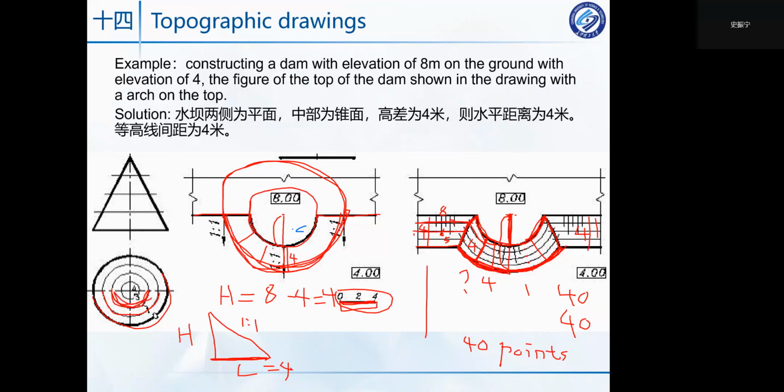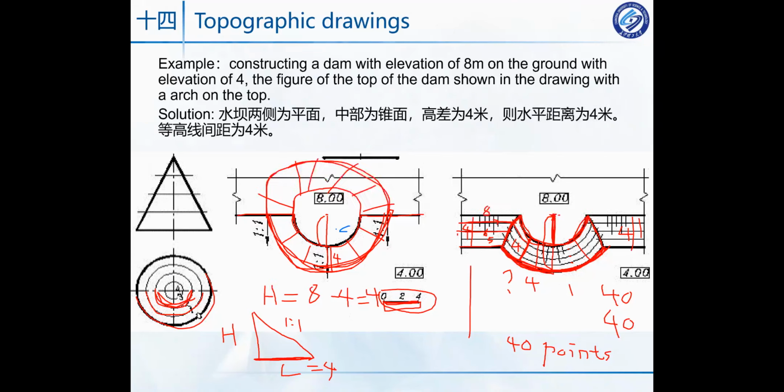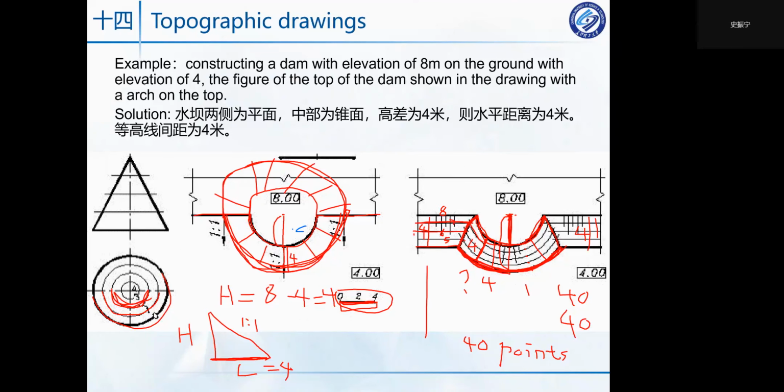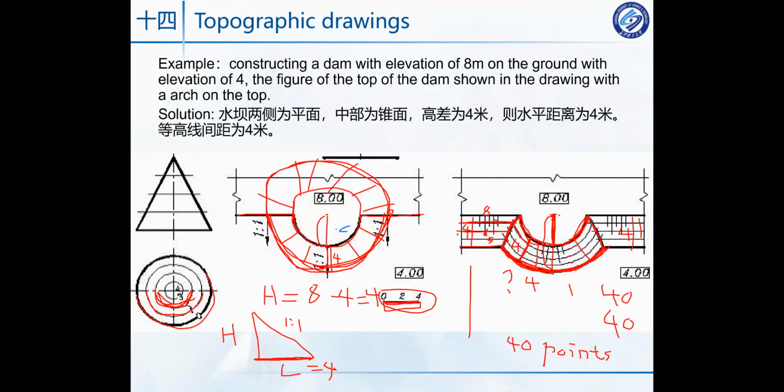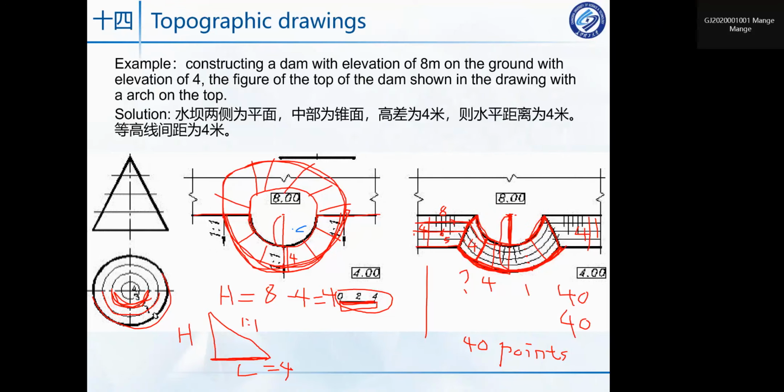So the difference of the radius of these two circles is the same at each point. There are also four, because they are circles with the same center. How about my explanation? Yes, I understand. Okay.